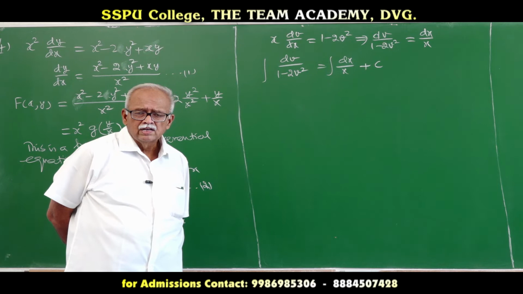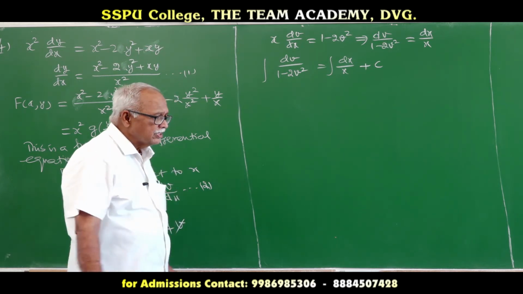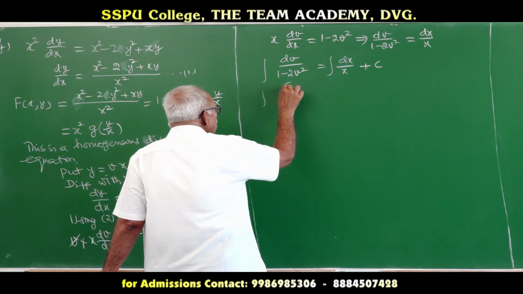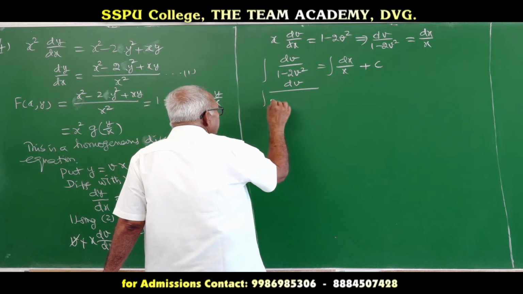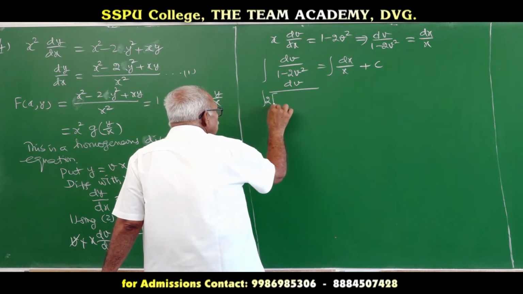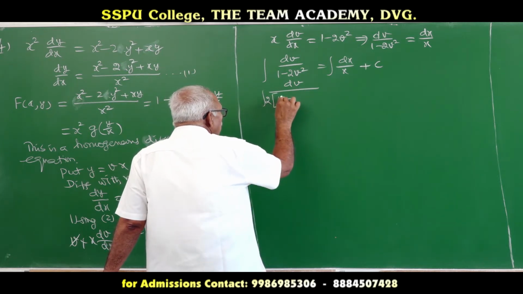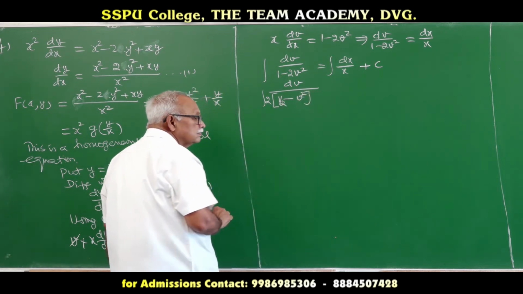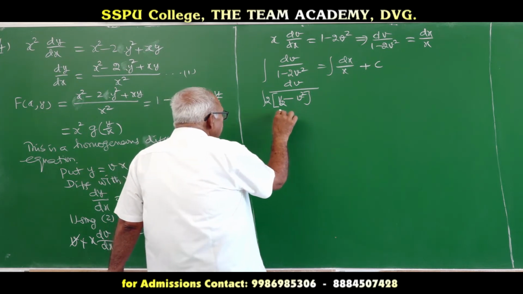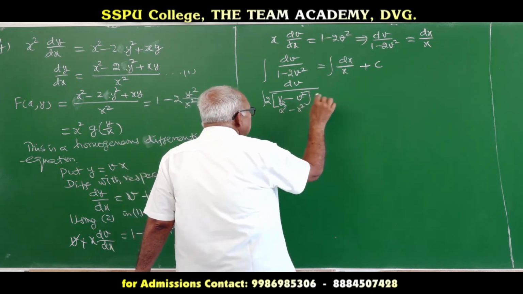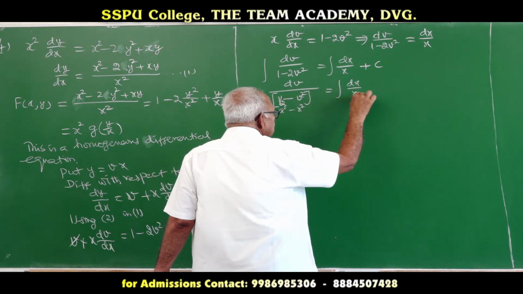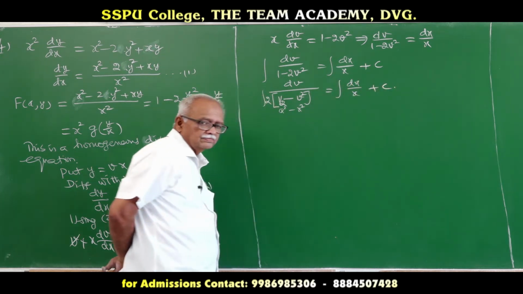We have a square minus x square in the form of dx by a square minus x square, so we have to use that. Before that, take out 2: dv by 1 by 2 minus v square.